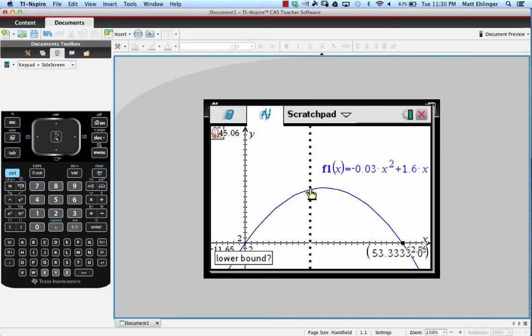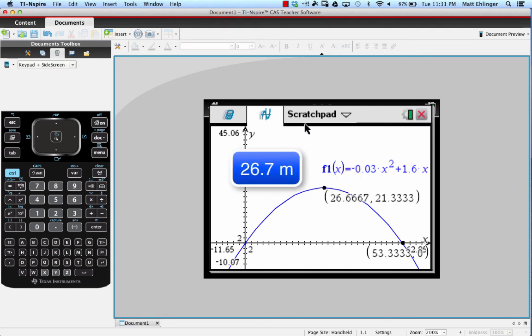Again, lower bound, how far left do you want it to look? Somewhere to the left of the vertex, and then go somewhere to the right of the vertex, and it tells us our maximum value is 26.66, repeating. So approximately 26.7 is the maximum height of that soccer ball.